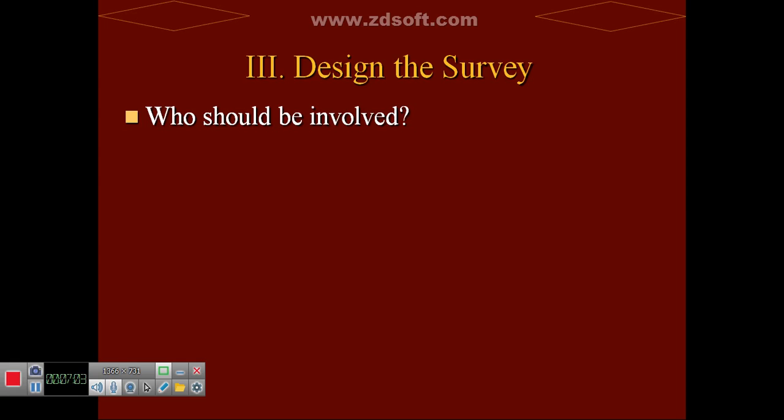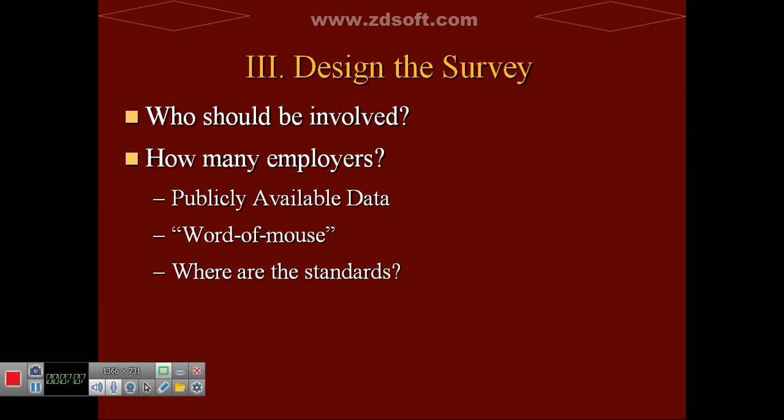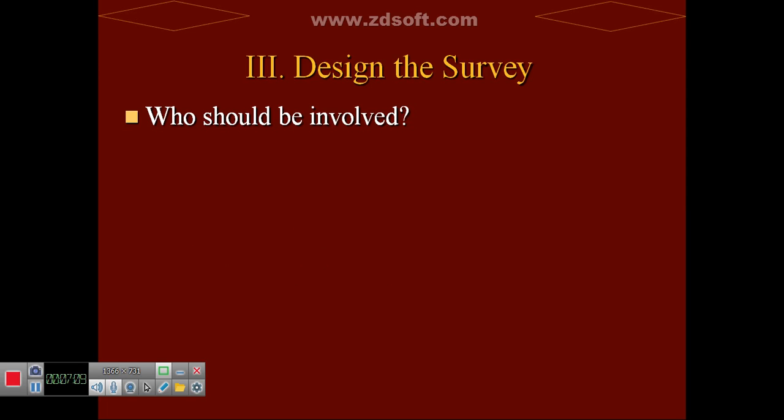Definitely, HR people are also involved. But many a times, a cross-functional team also is involved in designing the survey from marketing, finance, or from different hierarchies, from lower level to higher level, because they will have quite a knowledge and experience of their pay levels.